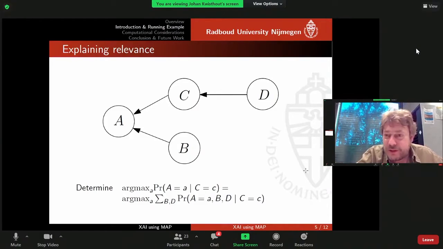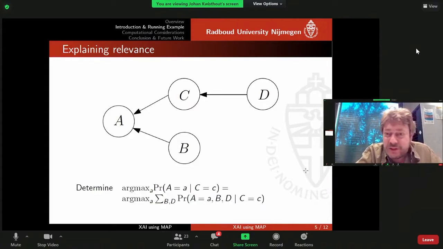And note that if you look at Pearl's definition of which of these variables would be relevant, then D would be irrelevant because D is conditionally independent given observation for C. D is d-separated from A, and B would be relevant because B is obviously not d-separated from A.